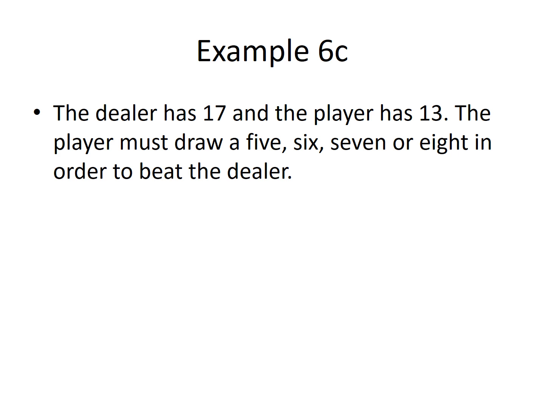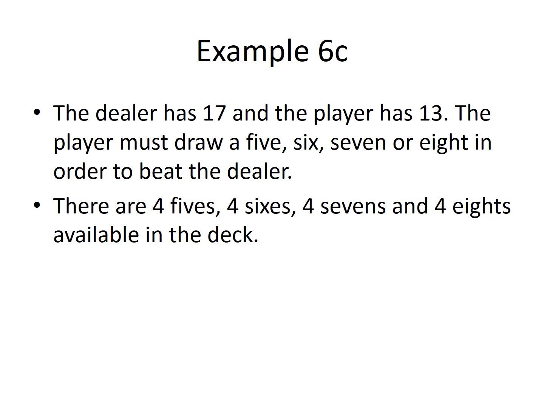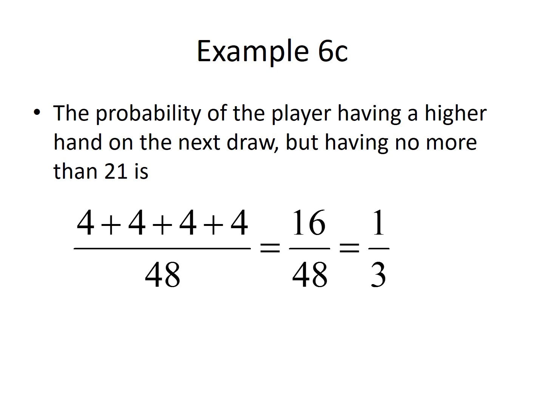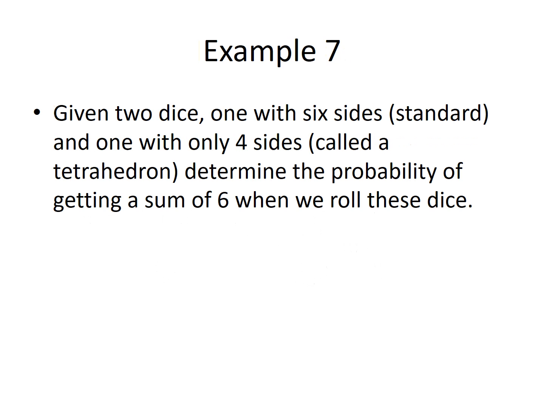The player must draw a 5, 6, 7, or 8 in order to beat the dealer. There are 4 5s, 4 6s, 4 7s, and 4 8s available in the deck. And there are 48 cards left to choose from. The probability of the player having a higher hand on the next draw, but having no more than 21, is 1/3.